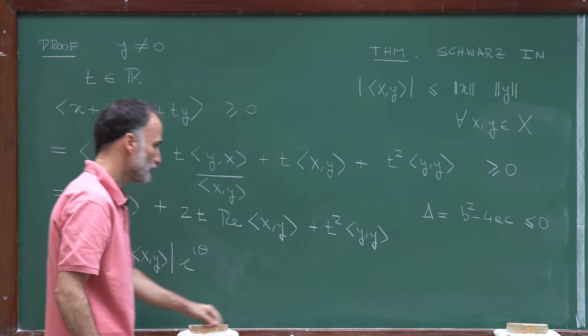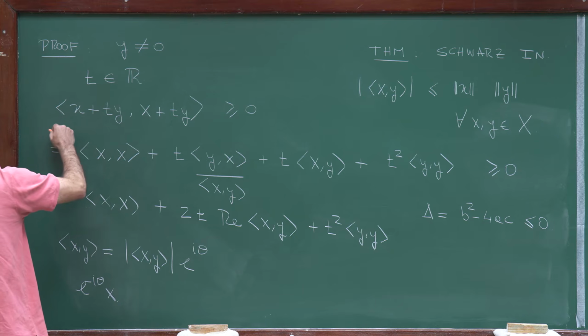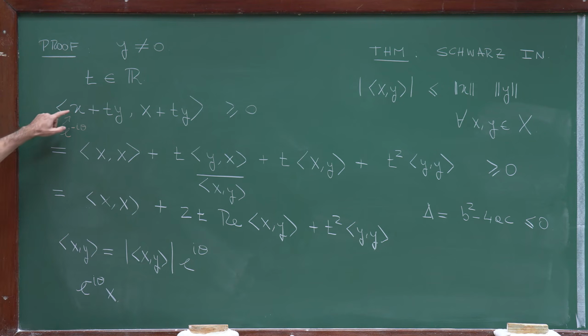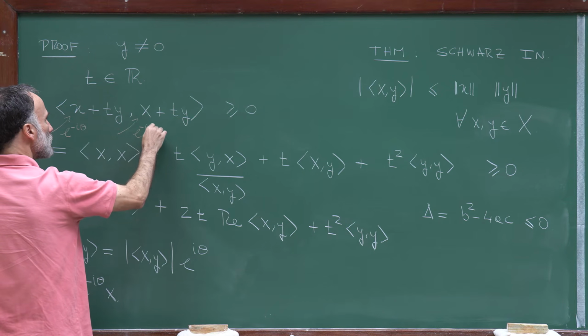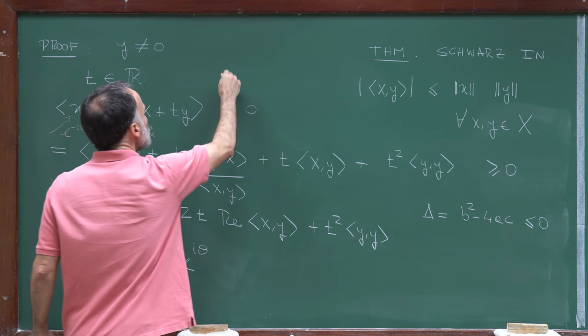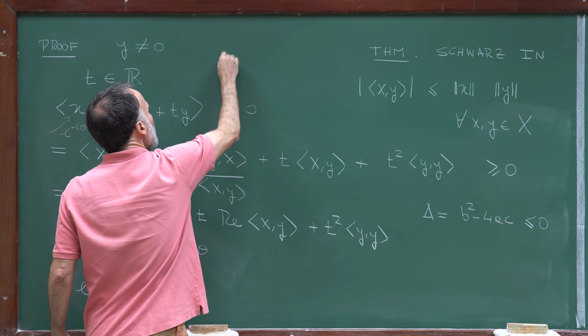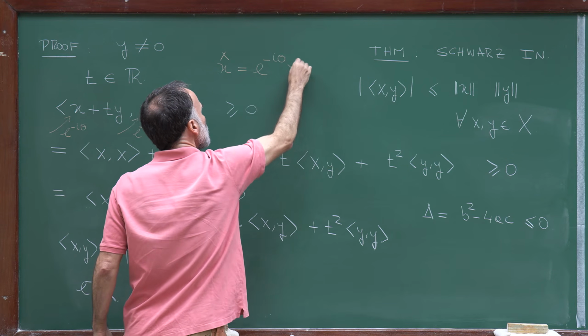By doing this, I get exponential minus i theta times x, which I'll call x hat, equal to exponential minus i theta x.